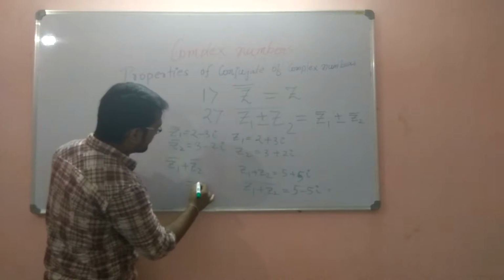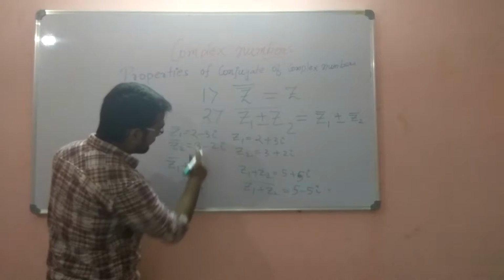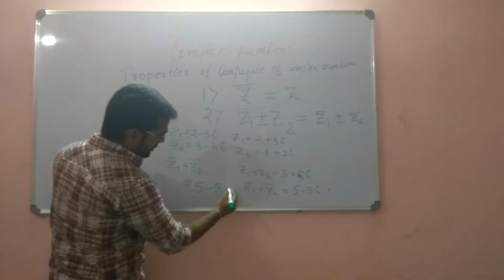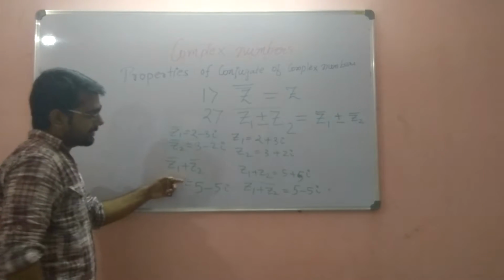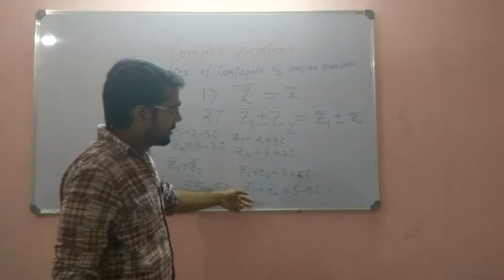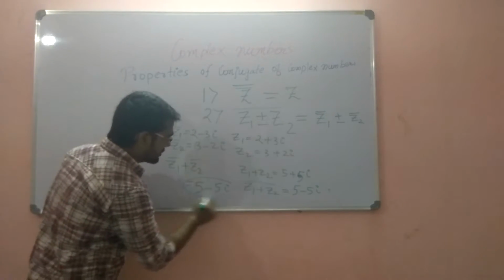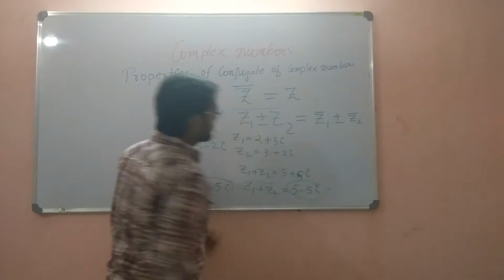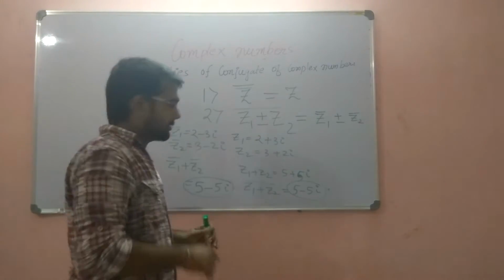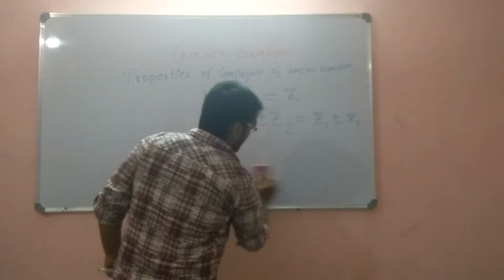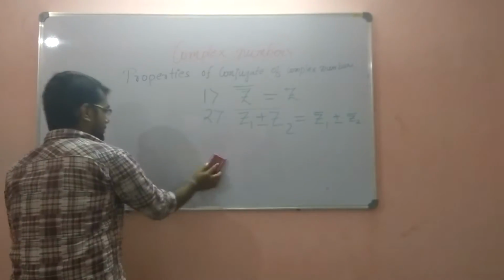So it will be 5, and minus 5i. So see, here if we take the individual conjugates and if we take the conjugate after we add, these two results are the same. So this property holds, right?